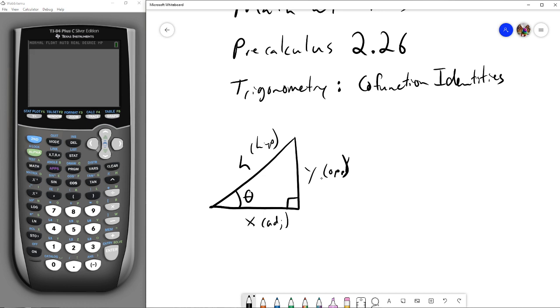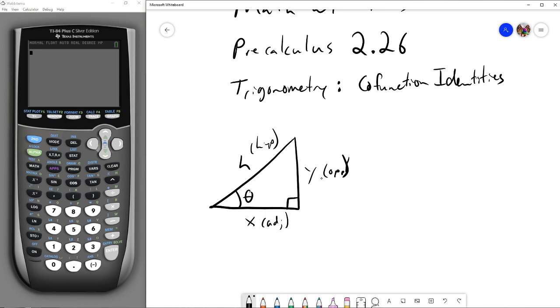But now what we want to do is talk about what's called the cofunction identities. When we talked about graph transformations of sine and cosine, and the functions of the 6 trig functions in general, we observed that it appeared that the functions were horizontal shifts of each other, like sine and cosine, tangent, cotangent, secant, and cosecant.